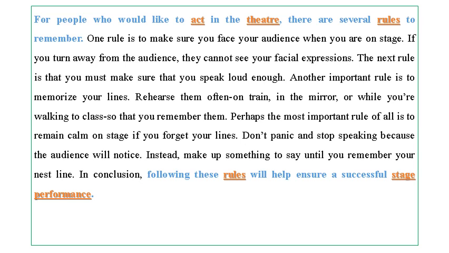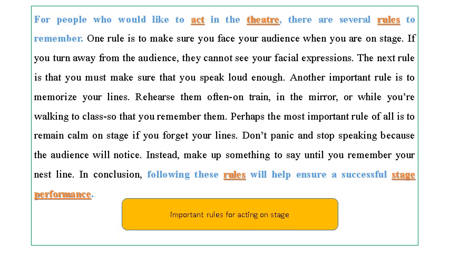You can see that the key words are act, theater, rules, stage, performance. So, what's the answer? We can see that the main idea that best matches this paragraph is important rules for acting on stage.